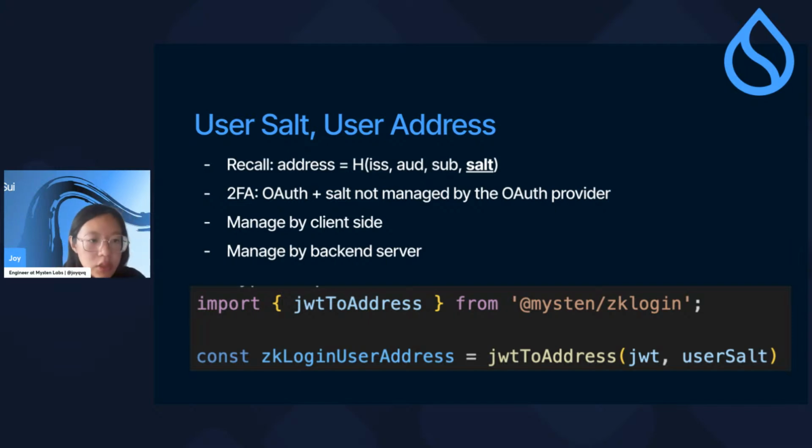So there's a decision to ask the user to save this for you, or you can save it in some sort of backend server for your application. So the user, every time they log in, will ask you what the salt is.